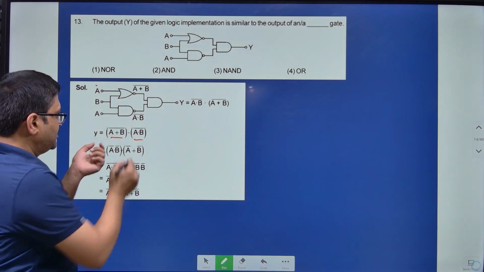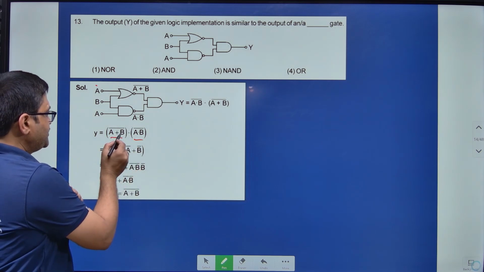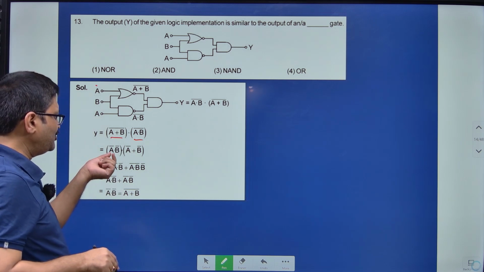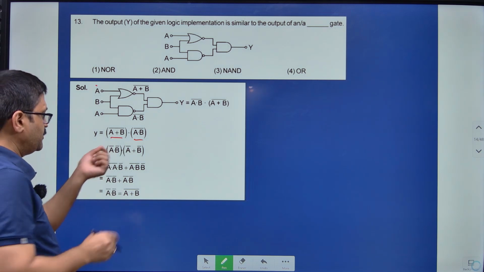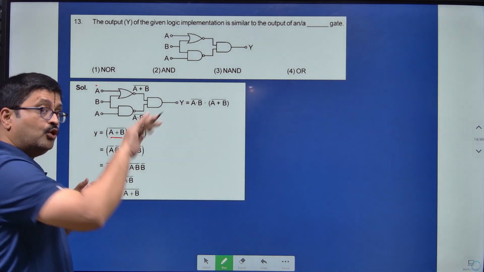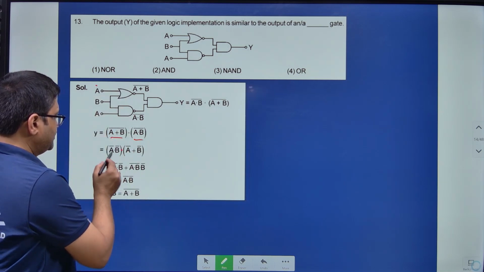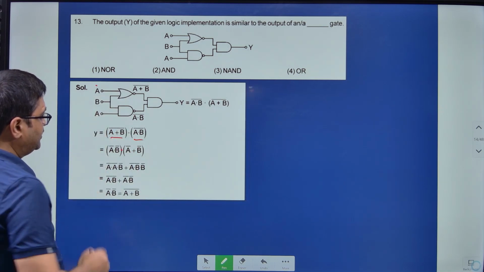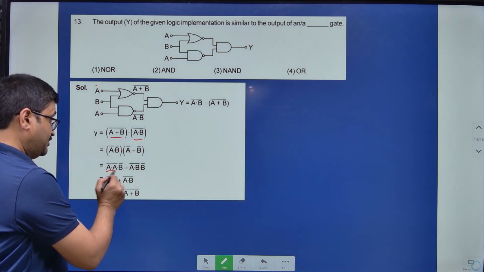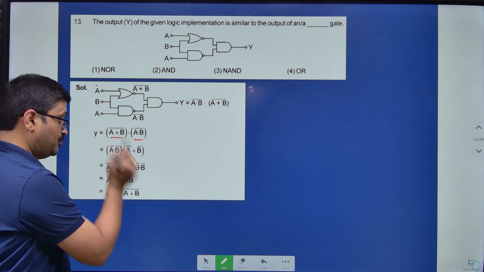So that means I am taking the dot of these two now. Then A plus B whole prime can be written as what? A prime dot B prime. And here we have dot again, dot of A dot B whole prime is what? A prime plus B prime. So clearly we will obtain it like this. Then if you operate them in tandem, we will get A dot A prime dot B, A prime dot B prime dot B prime.